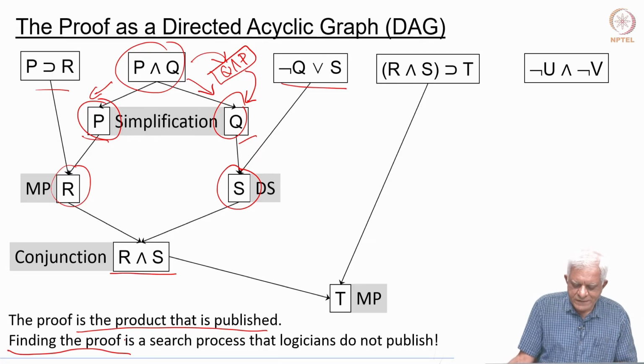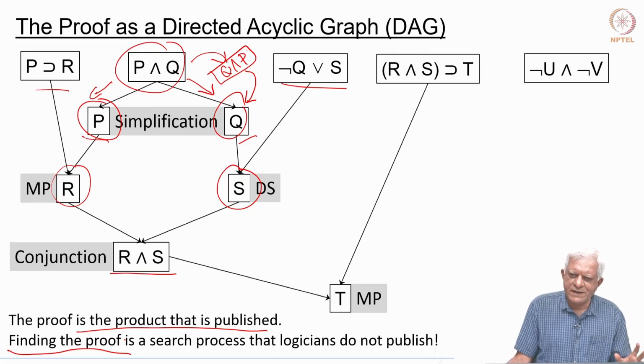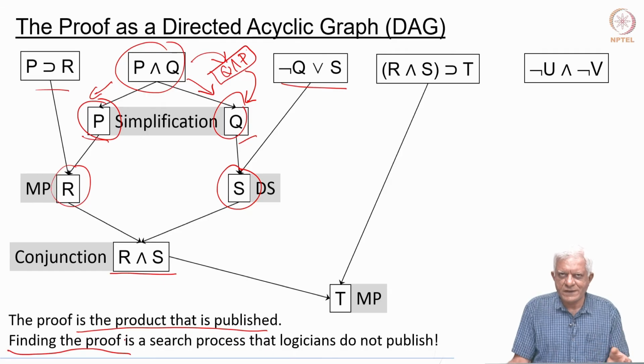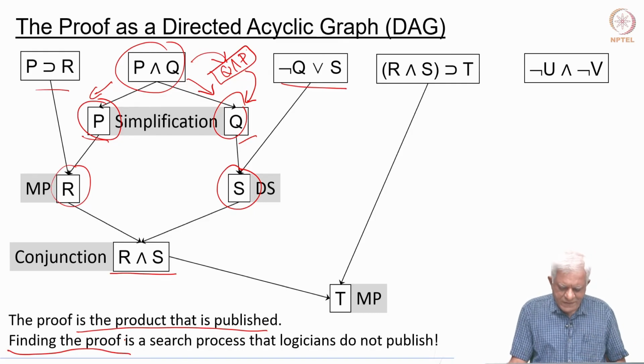That is where your effort goes. That is where your training as a mathematician or a logician goes, and that is something of course we are interested in, and we will see that finding a proof is essentially a process of doing some kind of search: which rule of inference to take, what facts to match it with, and what inferences to make is a process that we have to somehow automate.